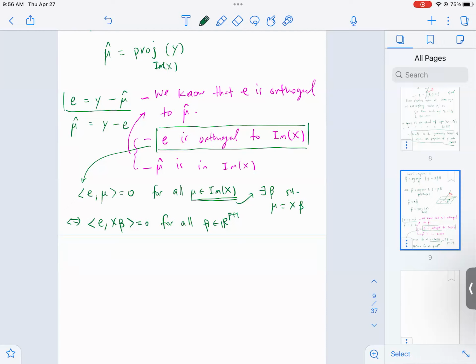The inner product in matrix form, the inner product of A and B is A transpose B. I'm just rewriting the inner product as E transpose times X beta. Remember, the inner product of A and B is A transpose B.